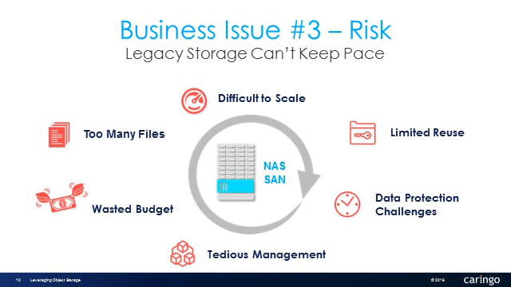And then the third major risk element is data silos, or locking data into a single location and limiting the ability for reuse and analysis of that data. This is really a big issue in big data, life sciences, and medical imaging use cases, where sharing information can literally be a matter of life or death.